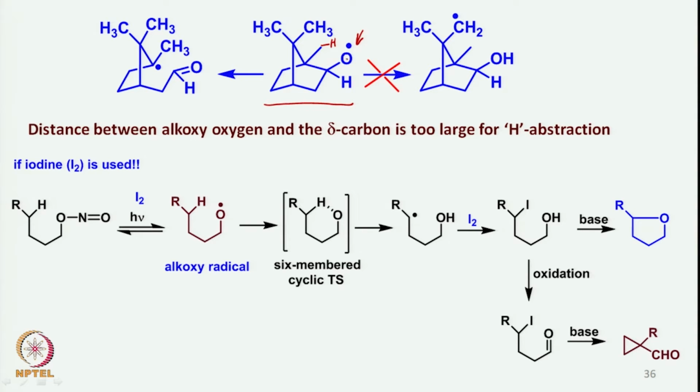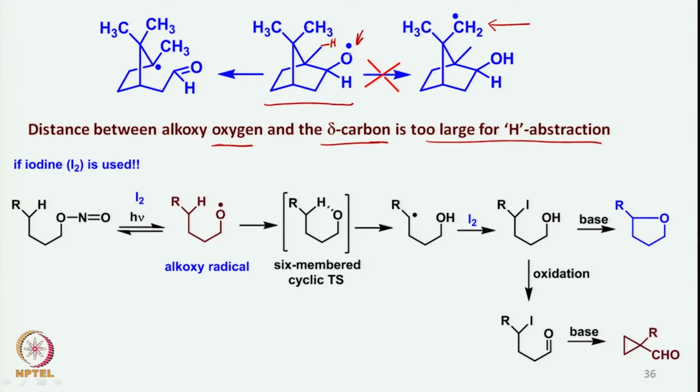The other possibility is that you have 1, 2, 3, 4, 5 and 6. So you have a possibility of a 6 member transition state, so that you can generate the radical at this position, but the distance and the approach of the oxygen to the hydrogen, if one looks at the model of this molecule, it is not easy to form this radical, because the distance between the oxygen and the delta carbon is too large for hydrogen abstraction.